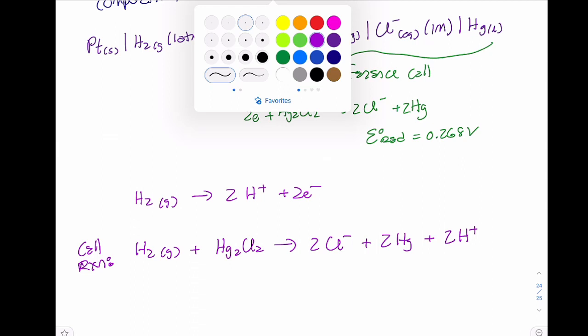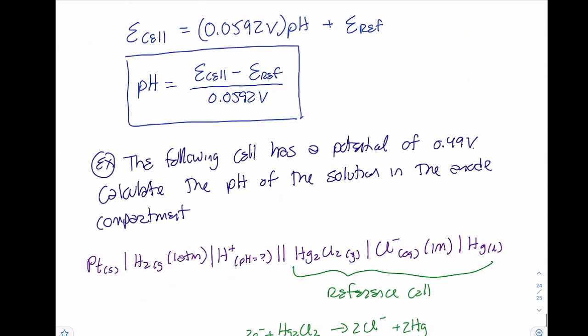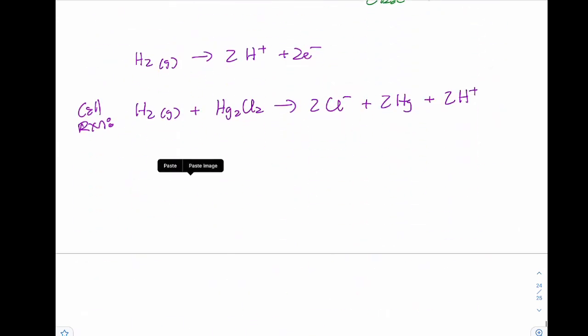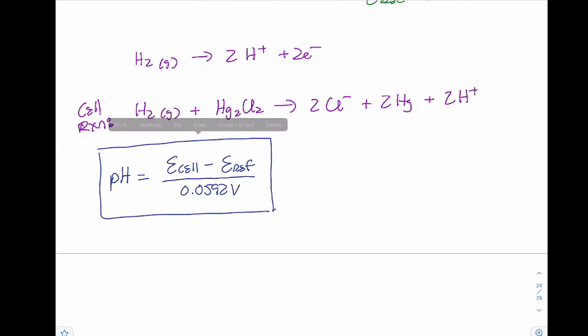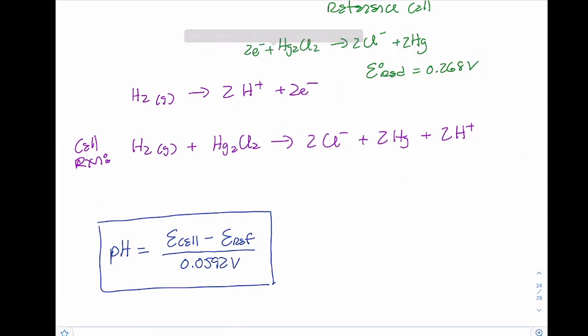All right, back to solving our problem. We're just going to take this equation. I'm just going to copy it down so we don't have to scroll so much. And then we can plug in our values. I guess we still have to scroll to get this out of my way.